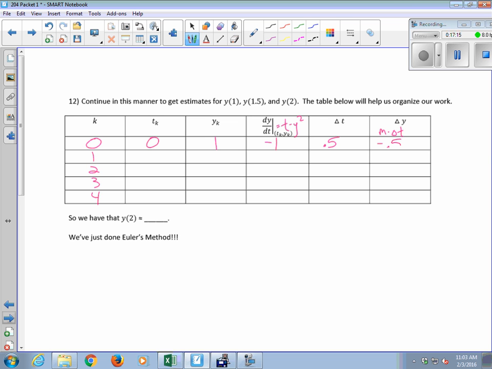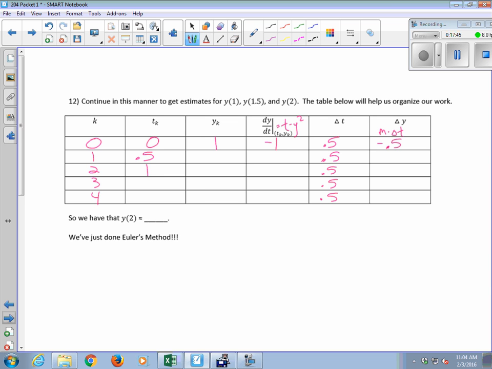All right, so then we move to our next step. And we say our next t value is the old t value of 0 plus the change in t. Right, so 0 plus 0.5 is 0.5. And my delta t is always going to be 0.5, so I can just fill this in all the way down. This is what we have control over, how big a step size we take.